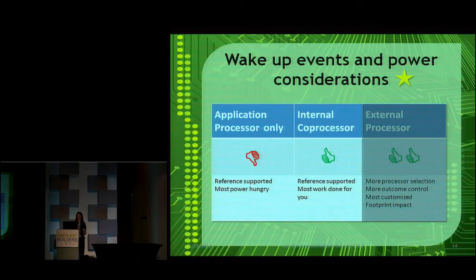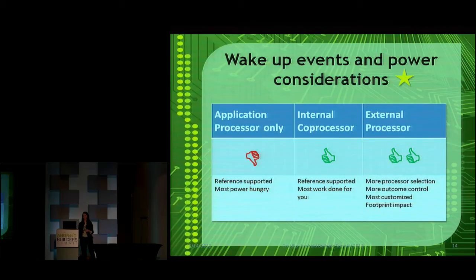Currently, vendors are supporting this internal coprocessor design. It's reference supported. Most of the work is done for you. The processor tends to be an ARM7, maybe an ARM9, a Cortex M3, a 32-bit processor of some kind. It's not bad, but we can do better.